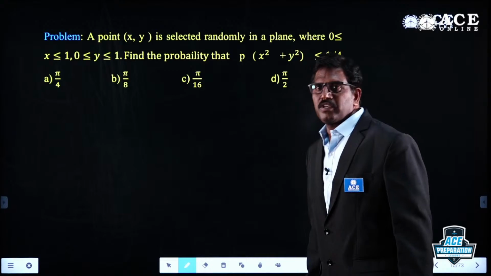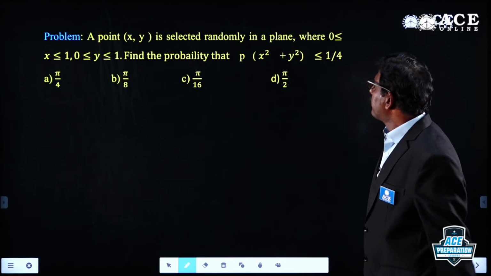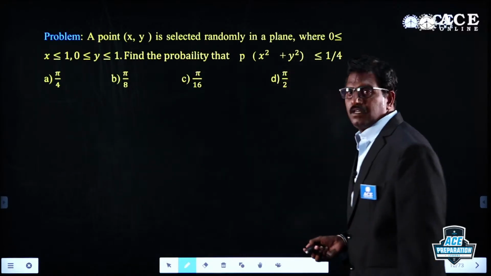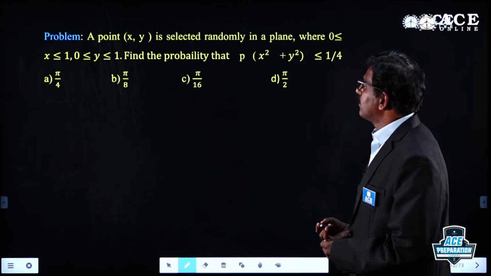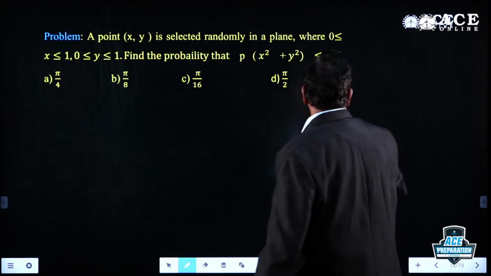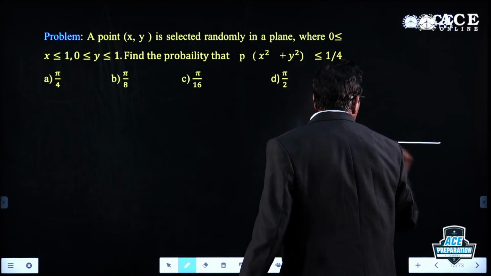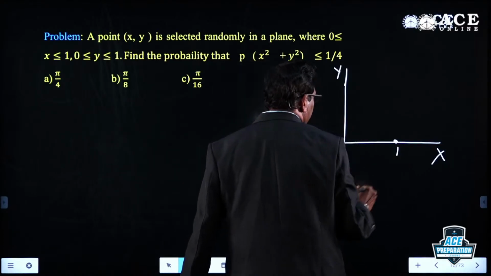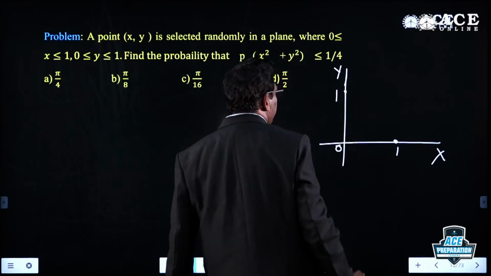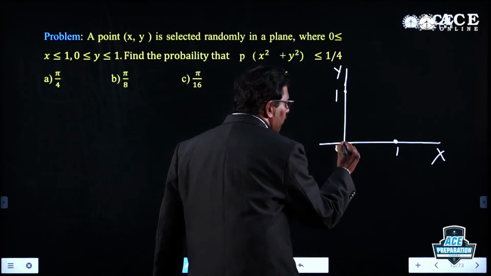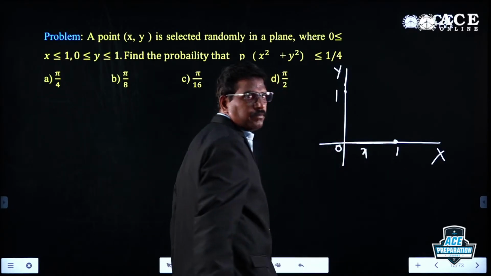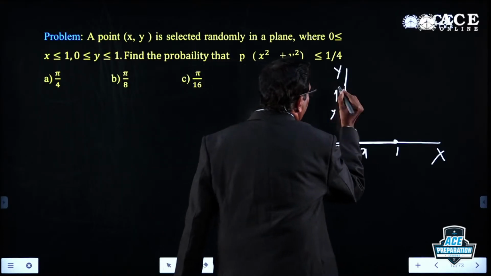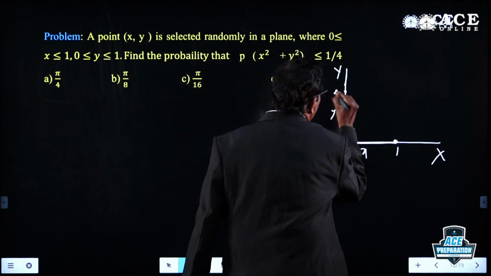Next, a point (x, y) is selected randomly in a plane where 0 is less than or equal to x is less than or equal to 1, and 0 is less than or equal to y is less than or equal to 1. You see this: this is 0, x-axis, y-axis. If you take 1 here on the y-axis, you can take any value of x from 0 to 1, and any value of y from 0 to 1.